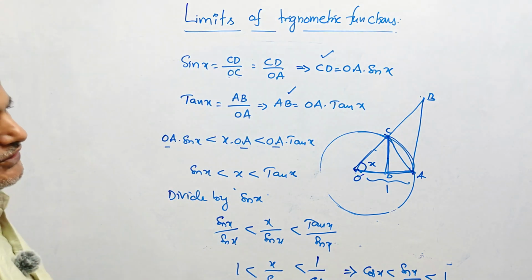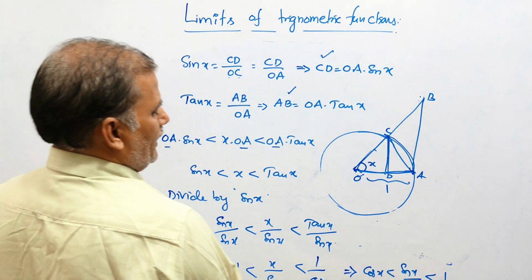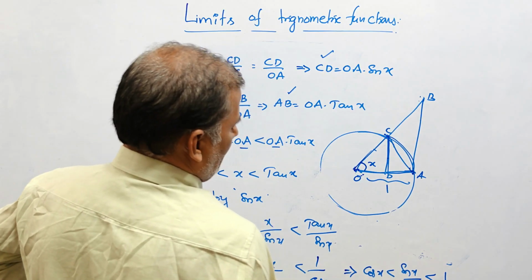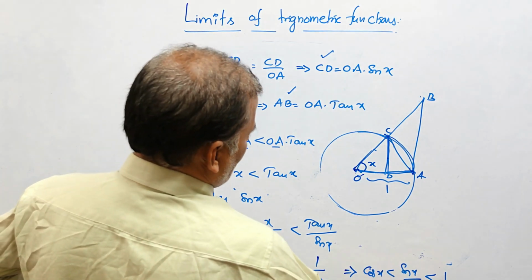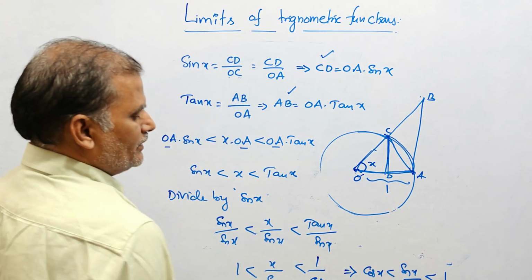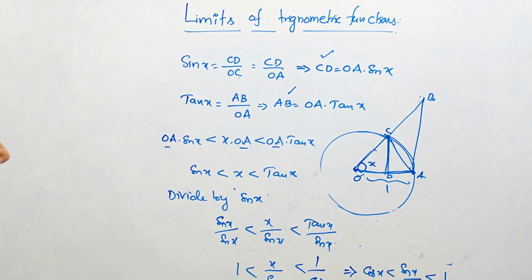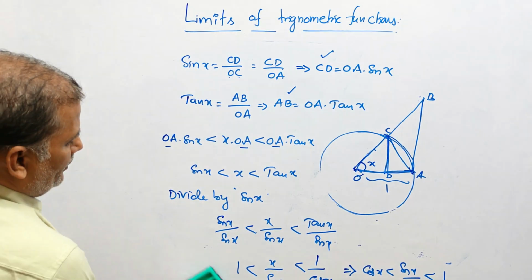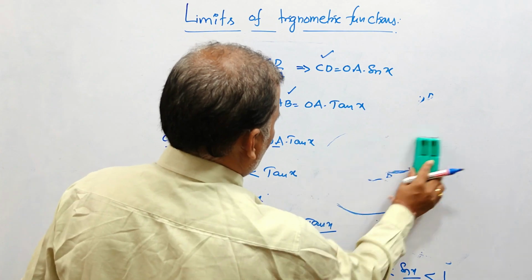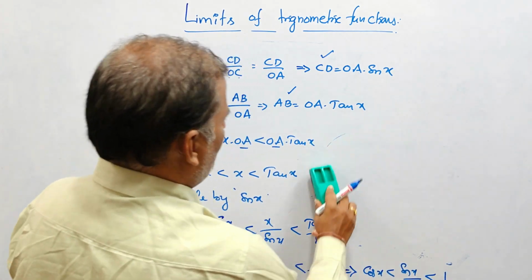Here by using the sandwich theorem, cos x and 1, limit x tends to 0 of cos x is nothing but cos 0, which is equal to 1.